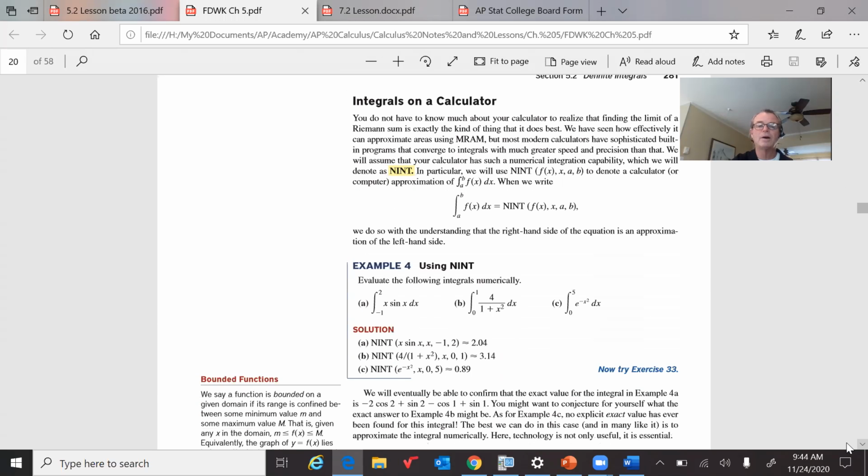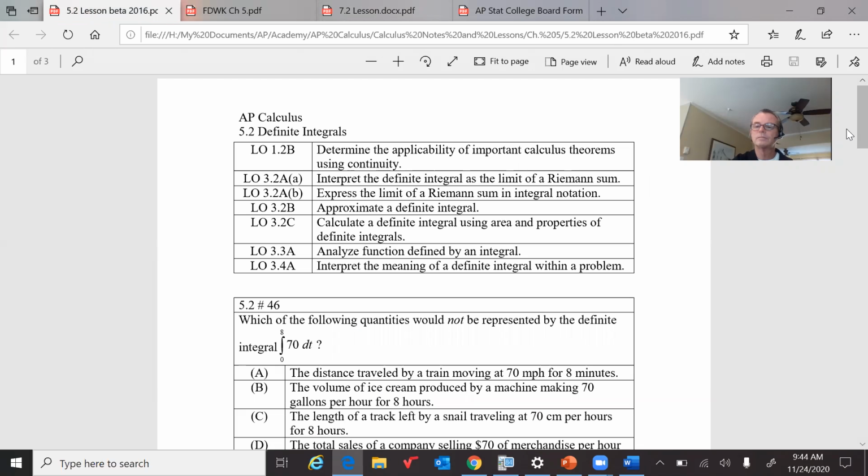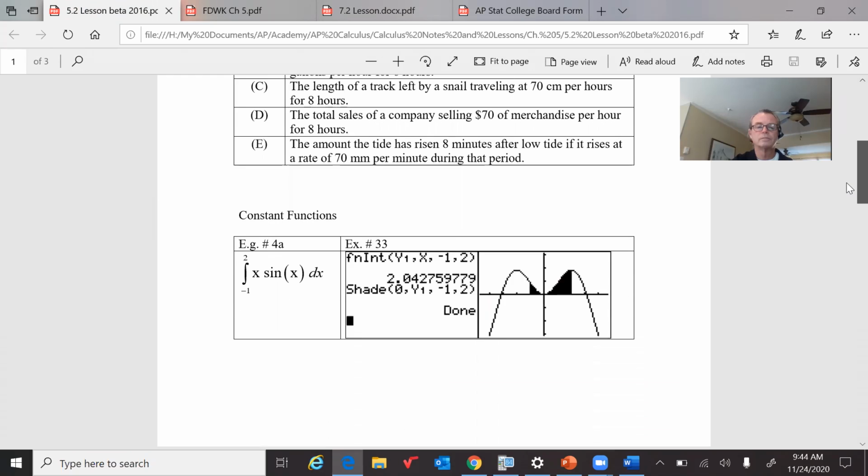So you need your calculator, and we're going to go here. For 4A, it says use this function on your calculator, right? Use the integration function, which is here.